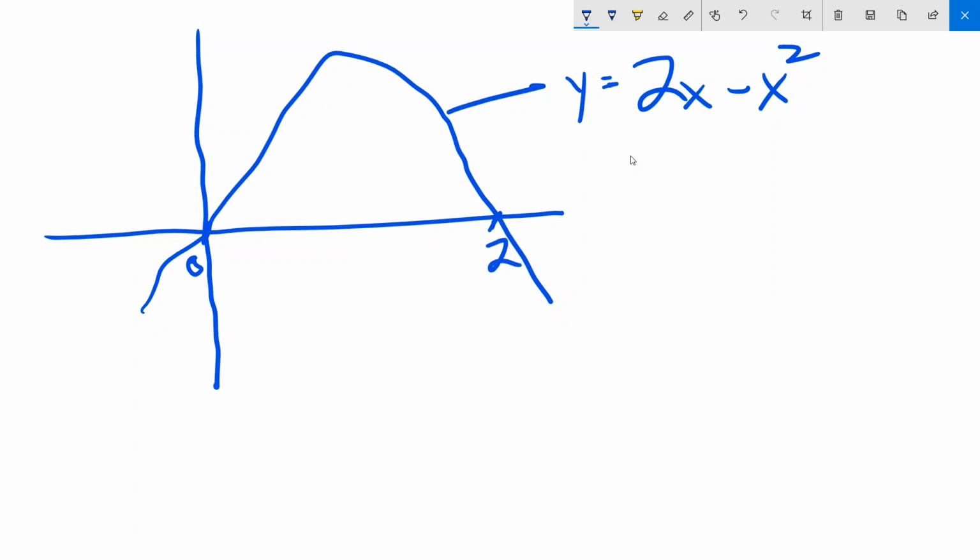Right. So now when I ask the question, what's the biggest area you can fit in that parabola under that function? This gets particularly tricky.